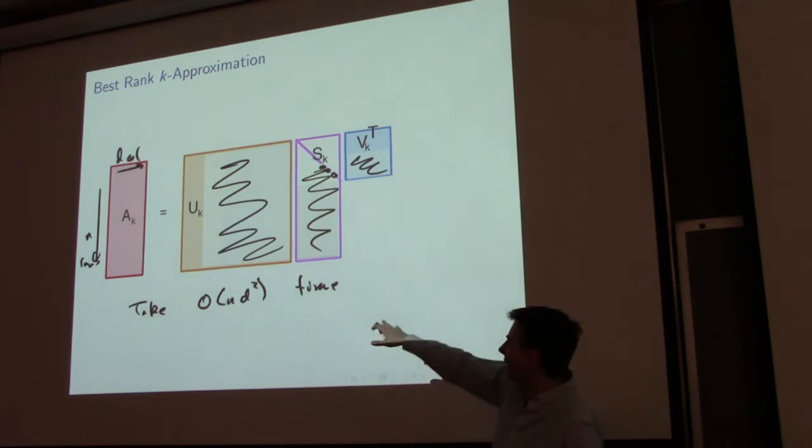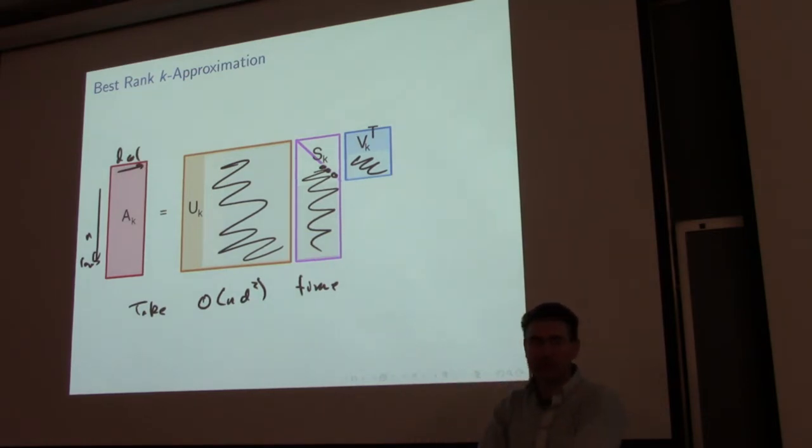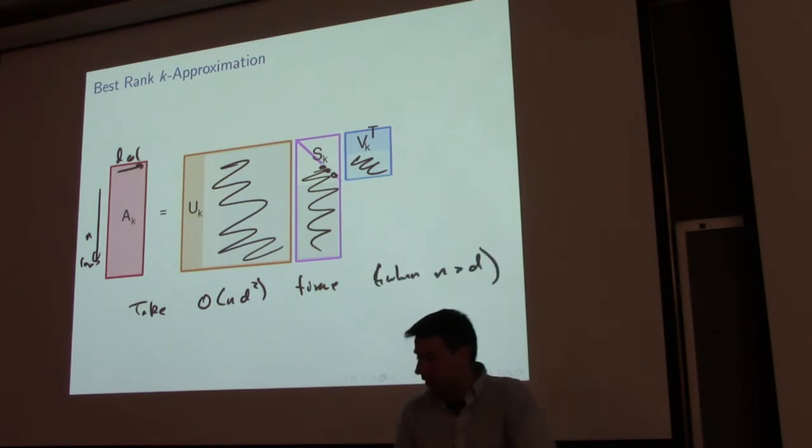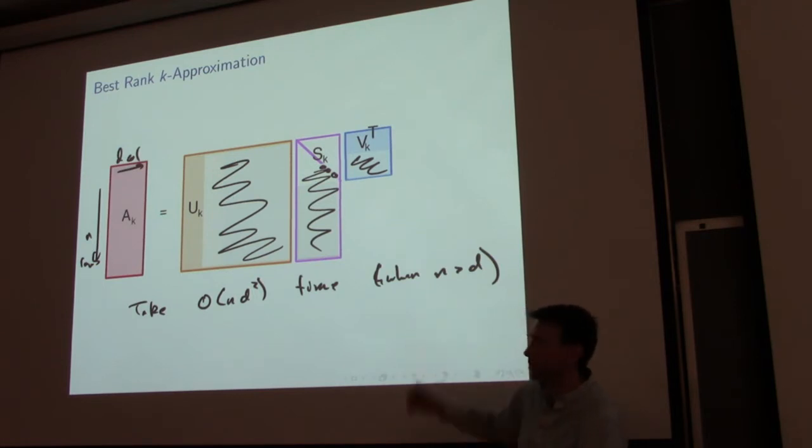And so when n and d both get especially large, and n is usually larger than d, like in this picture, this can be painful to compute.